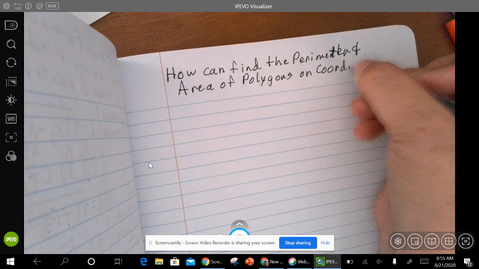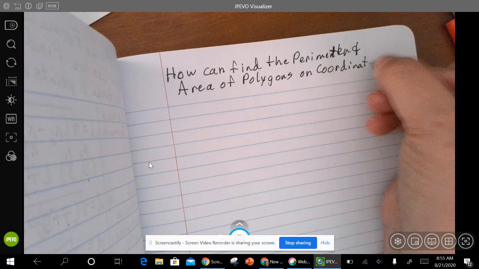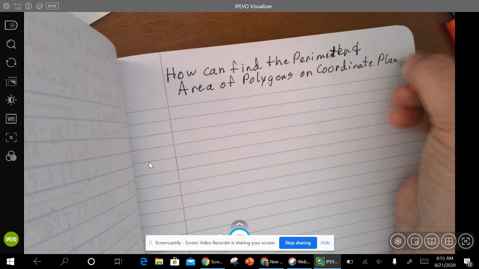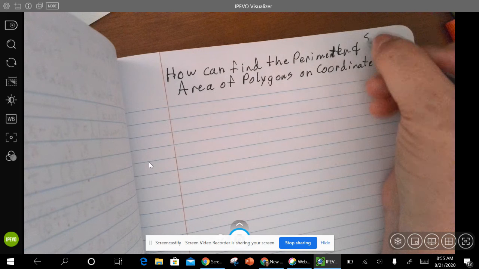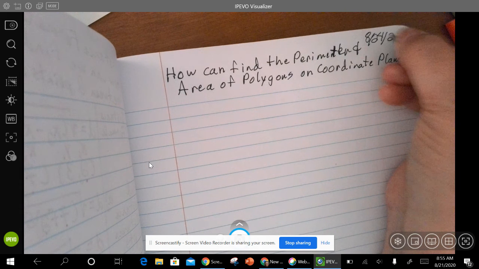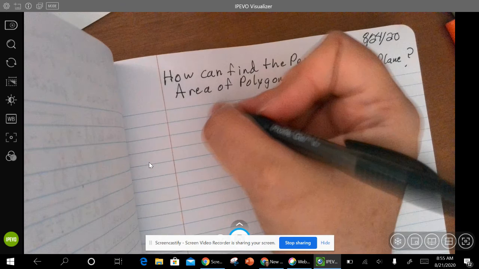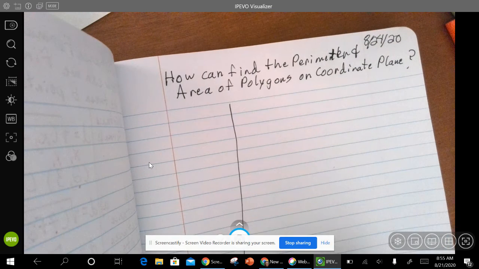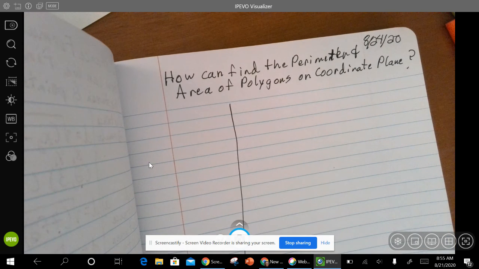And again, if you were using the coordinate plane. Okay, so we're going to work on finding perimeter and area in the coordinate plane, everybody.